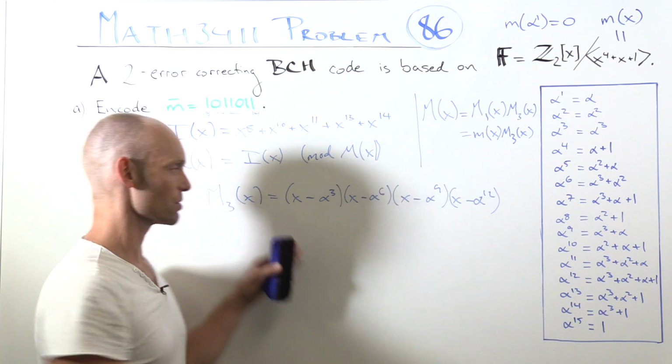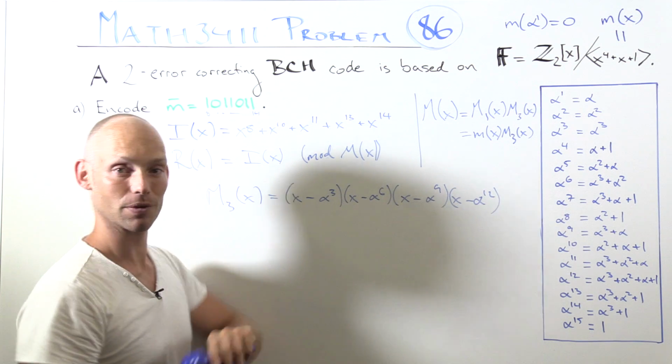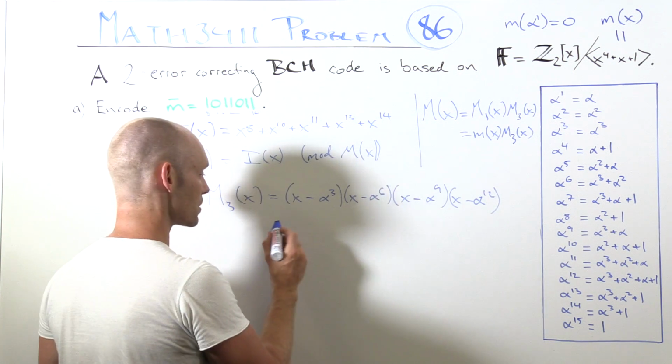Now, we'd like to express that in terms of just a binary polynomial without the alphas. So we have to expand.